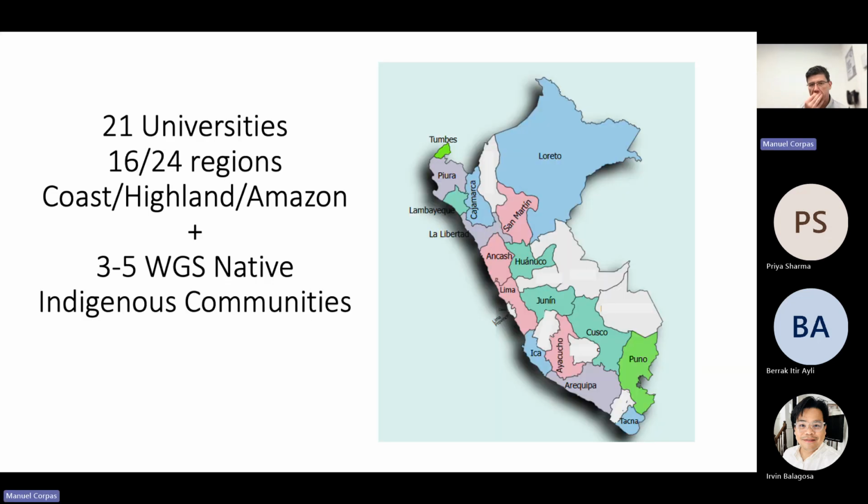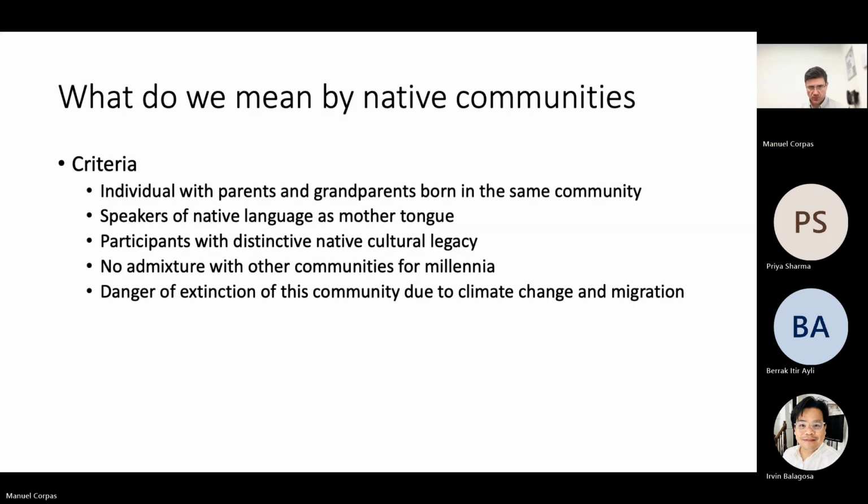So we're going to involve 21 universities, 16 of the 24 regions within Peru. You have them here in color. And then native communities. Now, what do we mean by native communities? And this has to do with the sample selection criteria.